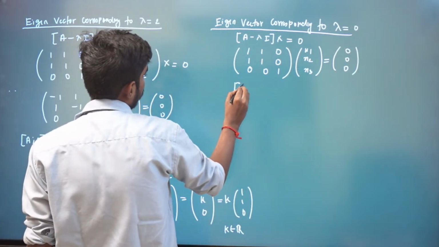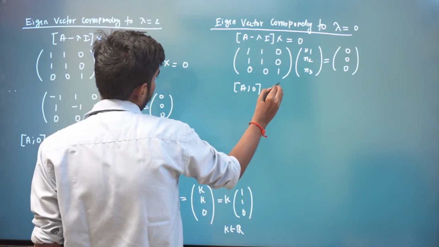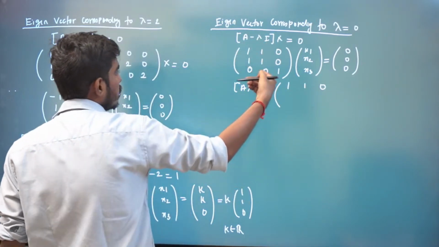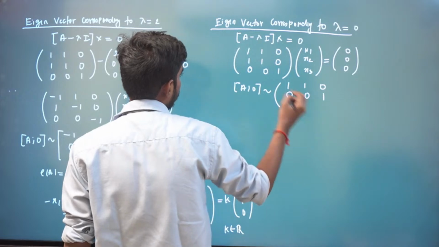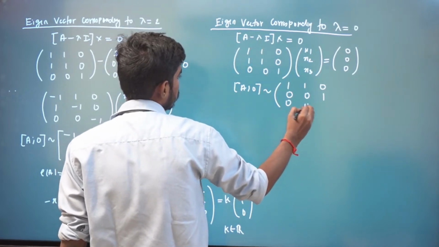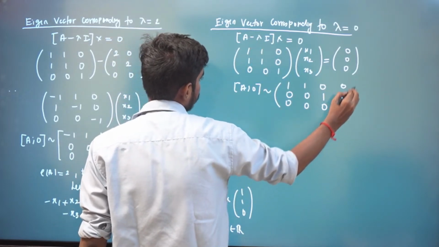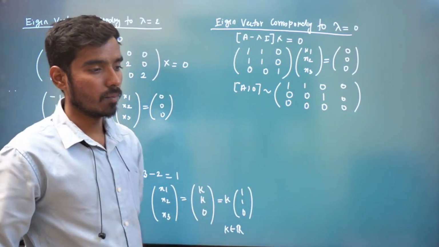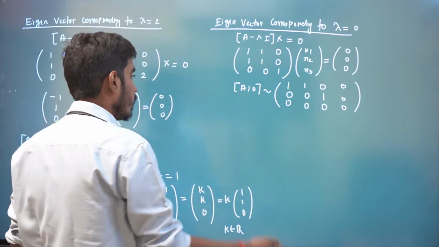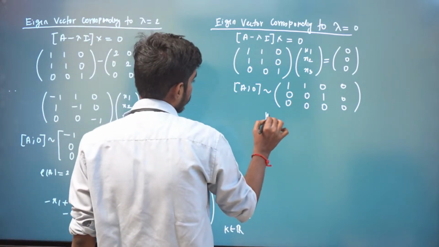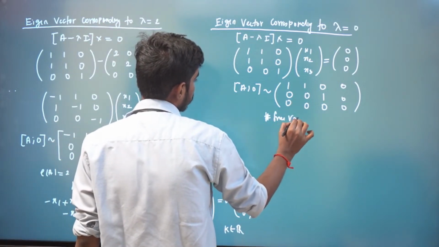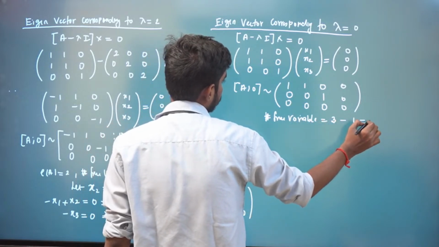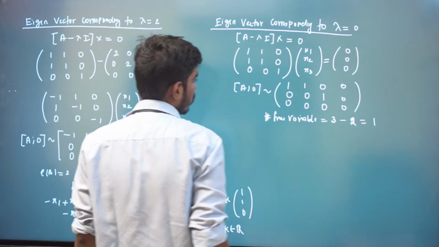If I reduce this augmented matrix, this will be like 1, 1, 0. You shift the rows 0, 0, 1, and then you subtract, 0, 0, 0. I'm just reducing the augmented matrix to echelon form. And again, you can see the number of free variables is equal to the total number of variables minus rank. So rank is 2, so we have one free variable.